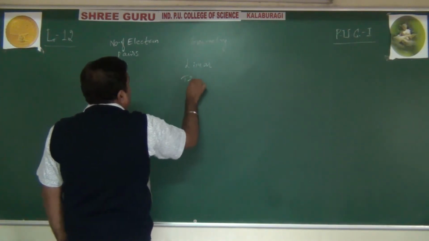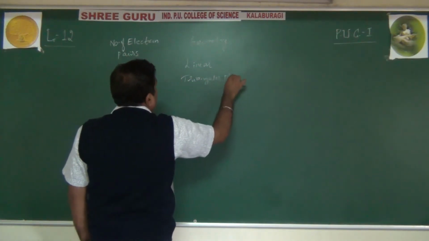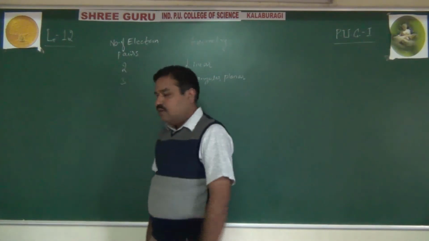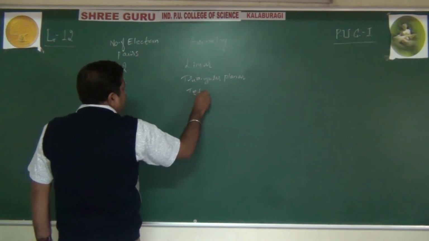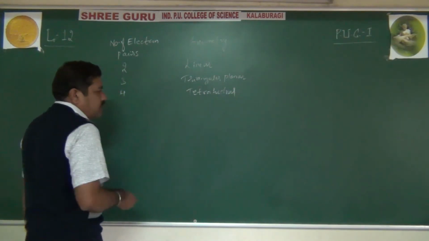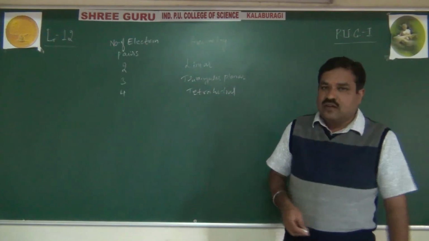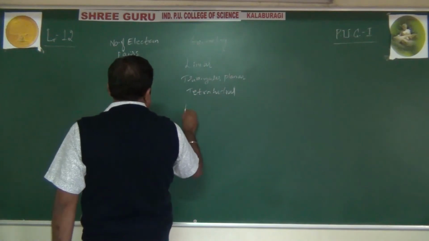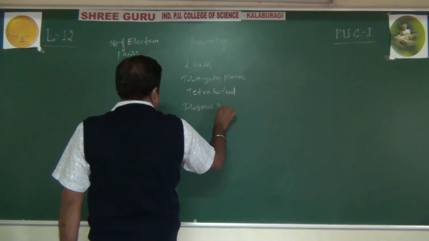3, triangular planar. And if it is 4, tetrahedral. If it is S and P, and if the D orbitals are involved, it is square planar. If it is 5, then it is trigonal bipyramidal.